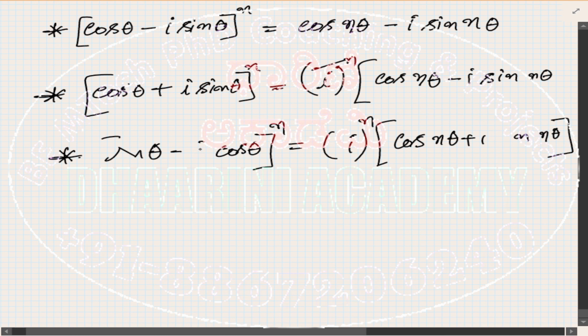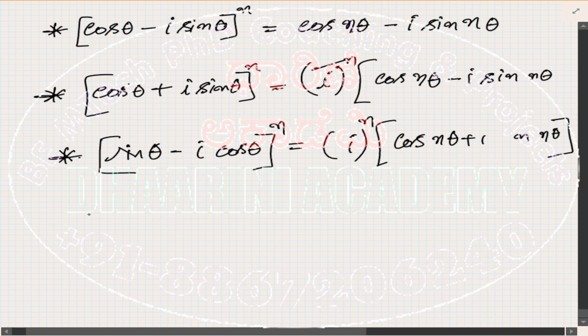Okay, this is actually (sin theta minus cos theta) to the power n, which can be substituted as this.